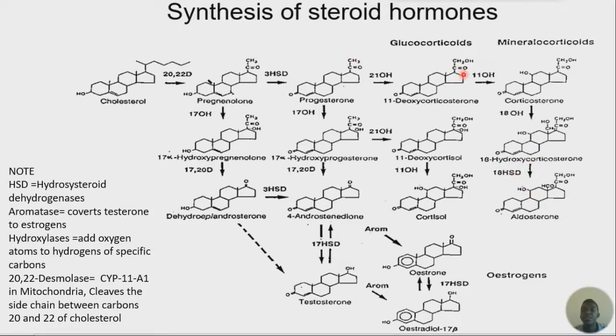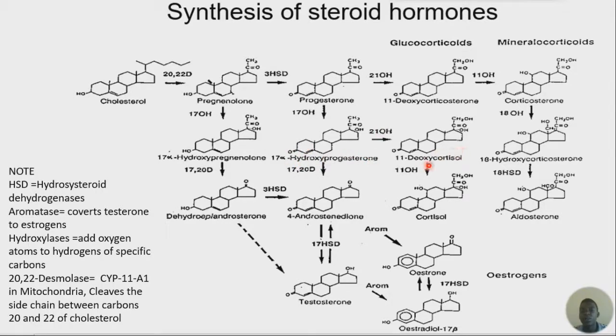Yeah, 21, 11, 18. Now, if you want to form something like cortisol, you'll need 17 hydroxylase, 21 hydroxylase, and 11 hydroxylase. 17, 21, 11. This was 21, 11, 18. This is 17, 21, 11. So those hydroxylases, when you hydroxylate progesterone, get hydroxyprogesterone.